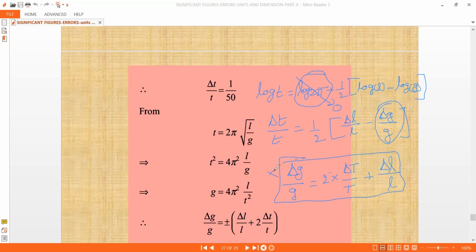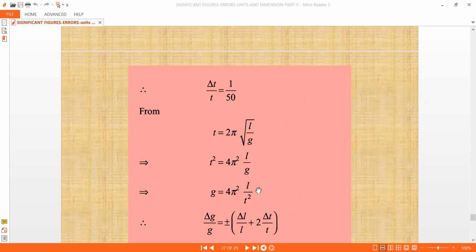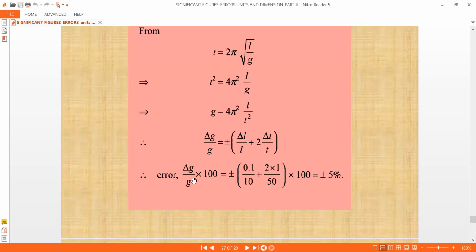I should never subtract the errors. So using this funda, I get like this. So this is the final equation what you have. I hope it is clear. And now delta G by G into 100 gives you percentage error, and that is about 5% is what you get once you substitute the values here.